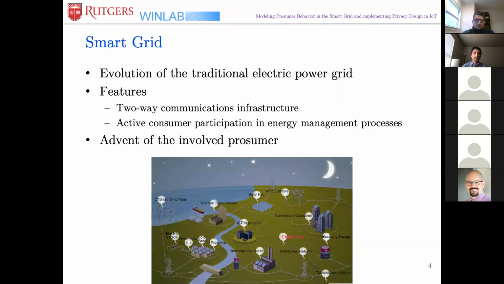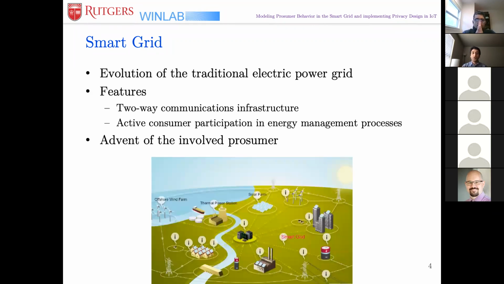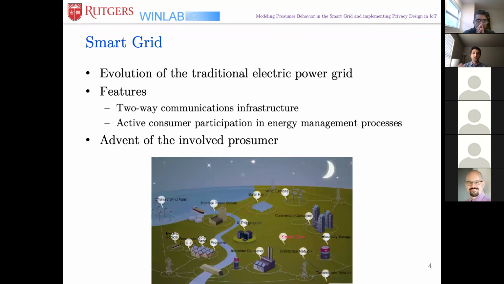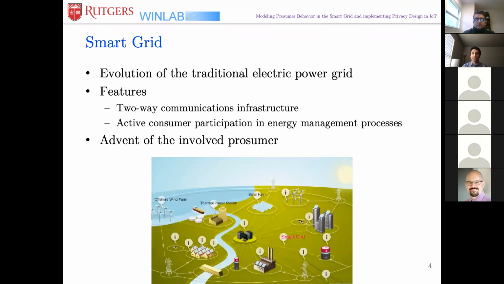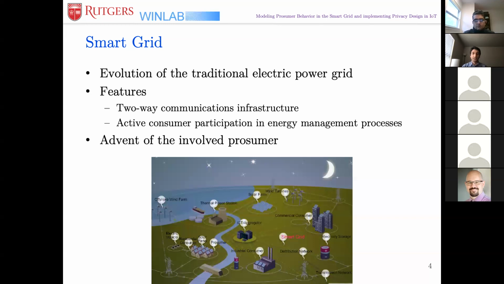One of the integral features of the smart grid is active customer participation in the overall energy management process. And we have a new terminology, prosumer, that refers to someone who can simultaneously produce and consume energy. Typically, prosumers own storage units and renewable energy sources such as wind that can work jointly to produce, store, and consume energy.